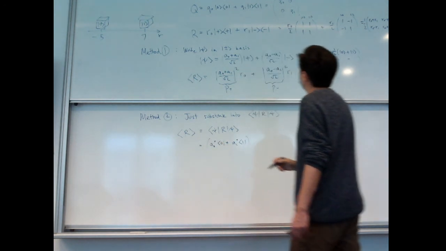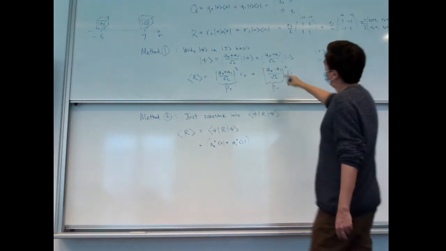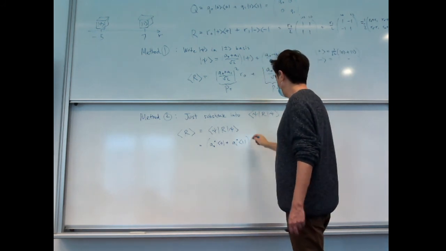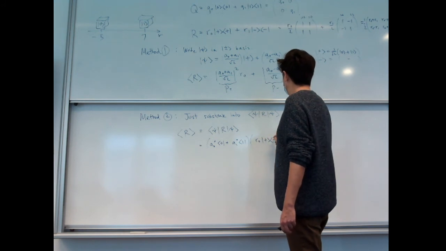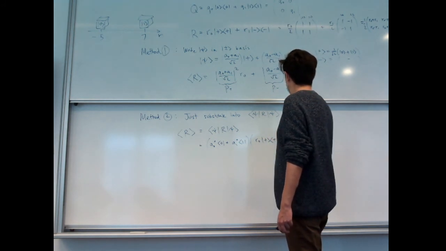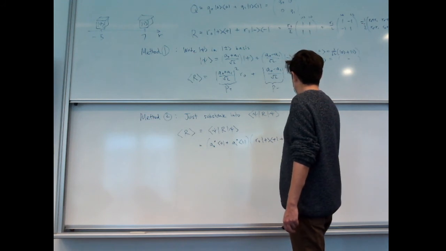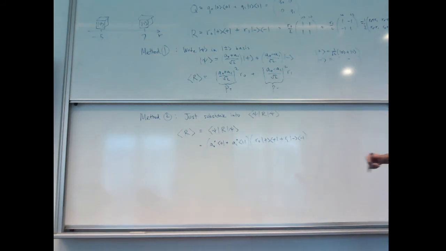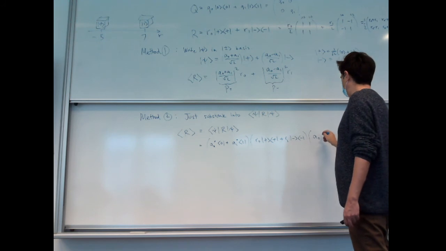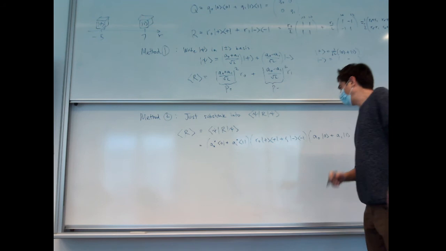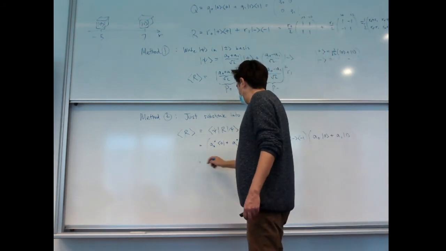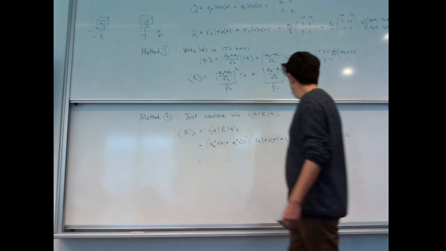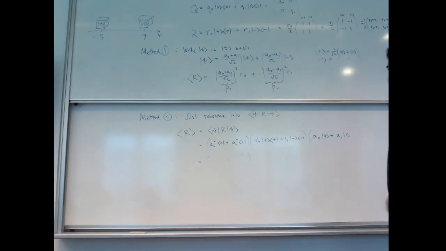Our R is that. And our state is A0, A1. Okay, so let's work out this part of it.